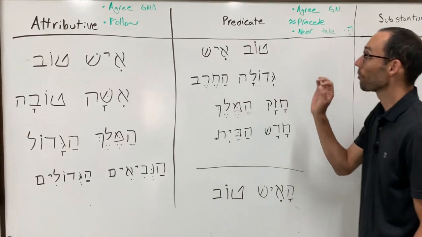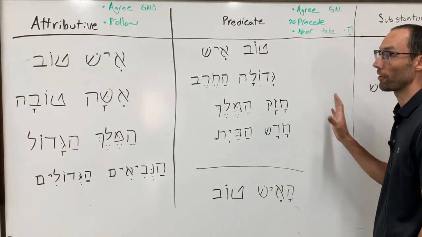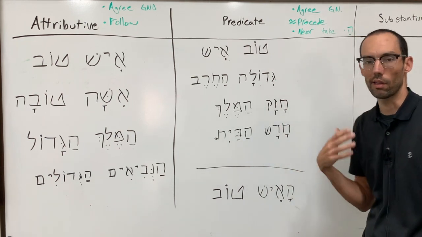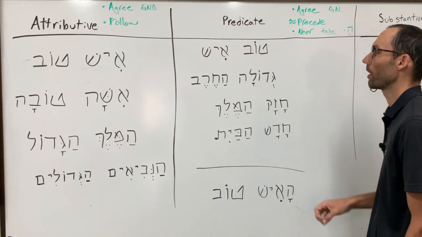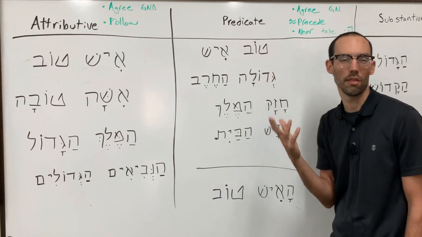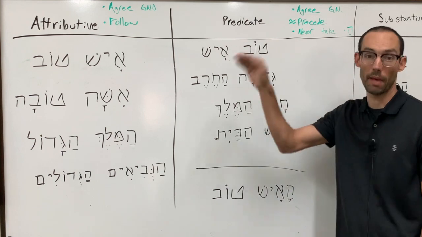Now, the predicate position. This is the other major position. There's two main ones. And this is, in English, we would say is. We'd put a predicate, like a verb in there, right? So tov ish, and you would say the man is good, but in this class, we're always going to say good is the man.